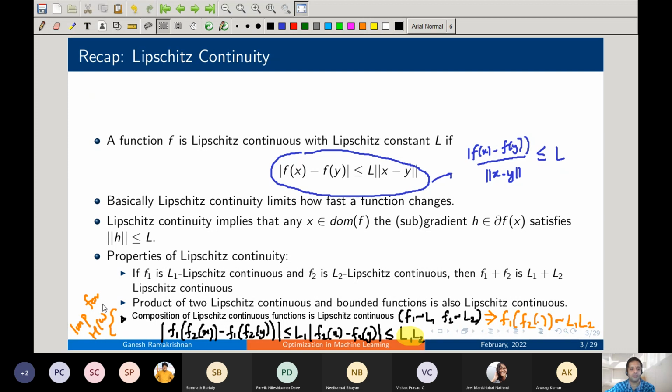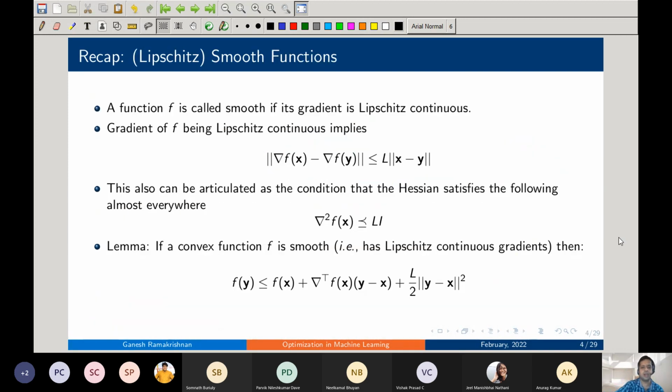Okay, so let me copy this. You might require this when I talk about the homework. Then we also talked about Lipschitz smooth functions. It was the rate of change of the gradient of the function. Let me recap that this again had an interesting connection with strong convexity.